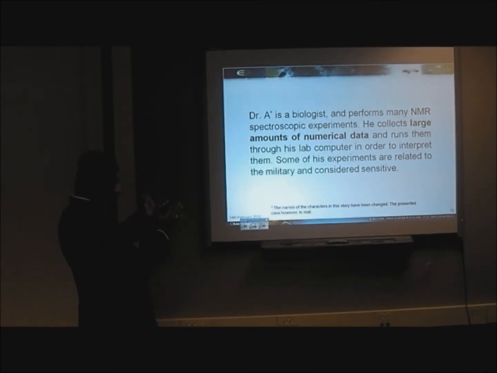So the work of Dr. A consists of running this machine, getting the numbers, and then he plots them on a graph as a spectrum and looks at it and says, aha, there you go, this is this compound. And he can't do it just like that, so he has to run it through certain numerical processes, statistical algorithms to get it to a level so that he can interpret it.